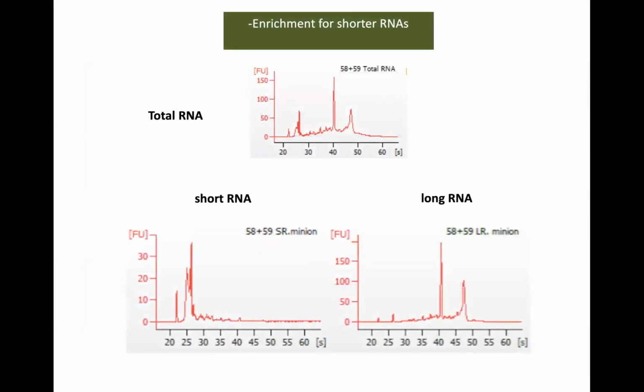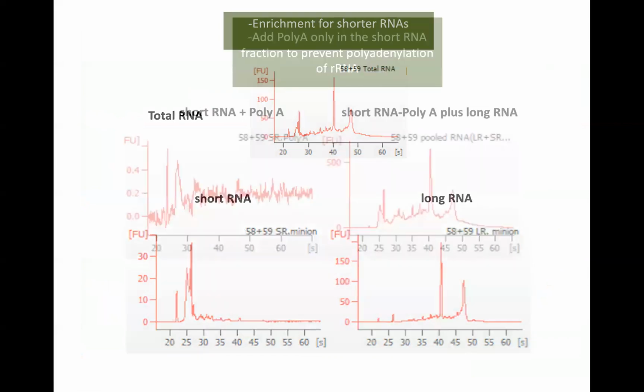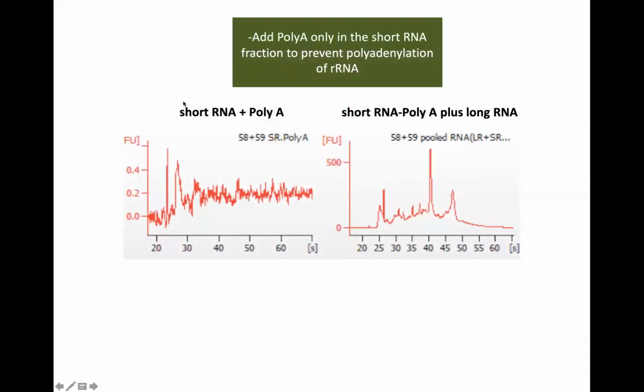And overall, with that approach, starting from a total RNA, we have been able to generate the short fraction, and you can see here for the short and the long RNA fraction, the respective electropherograms. And then you can see that by adding the poly-A in the short RNA fraction, we practically extended those short RNAs, and by combining them, we get this compound electropherogram for both the short RNA poly-A fraction and the long RNA fraction.